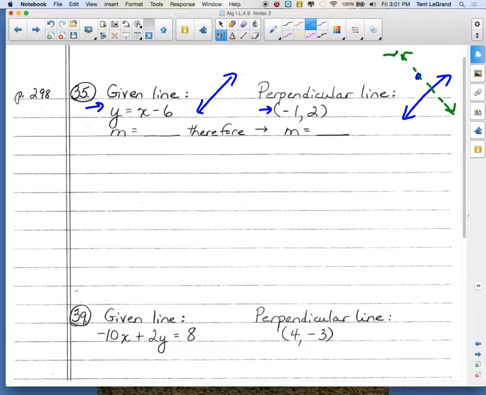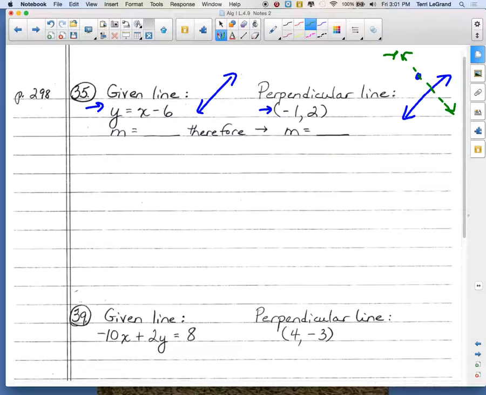Tell me right now, what do you know for sure that line has to have? That line's going to form a 90-degree angle there. It has to have a negative slope because it's falling from left to right. It has to go through (-1, 2). Okay, so we've got our work cut out for us. Let's go back and make it happen then.